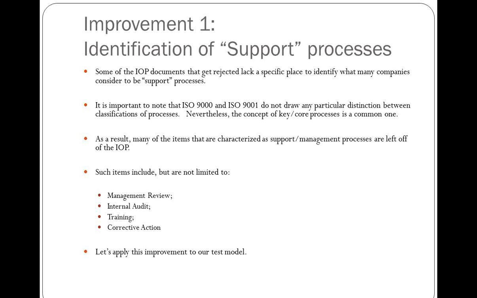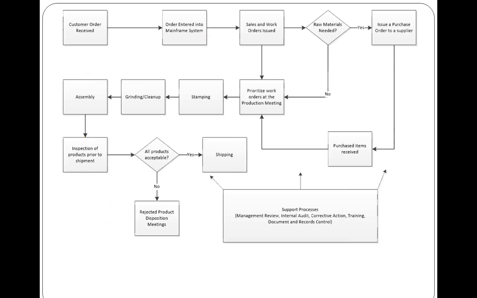This could be management review, internal auditing, training, corrective action, management meetings, production meetings, things of this nature. So let's apply that to our test model. How might we do that?